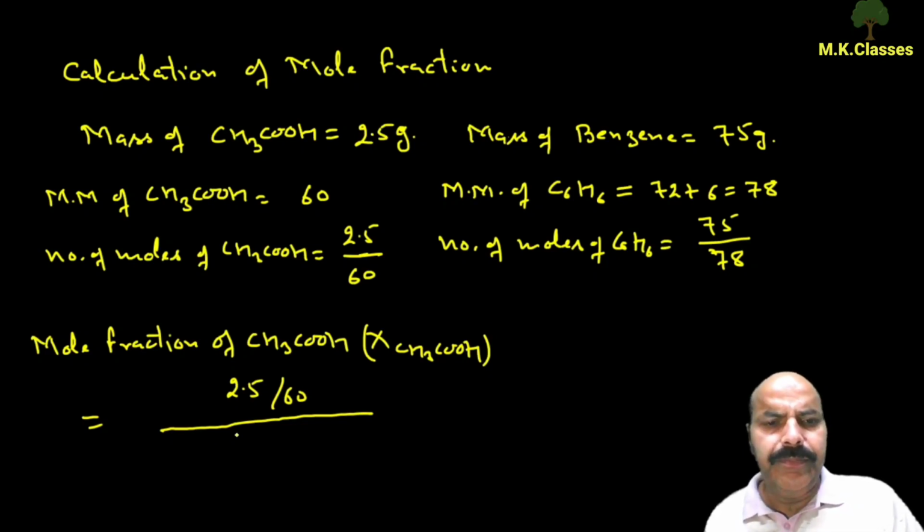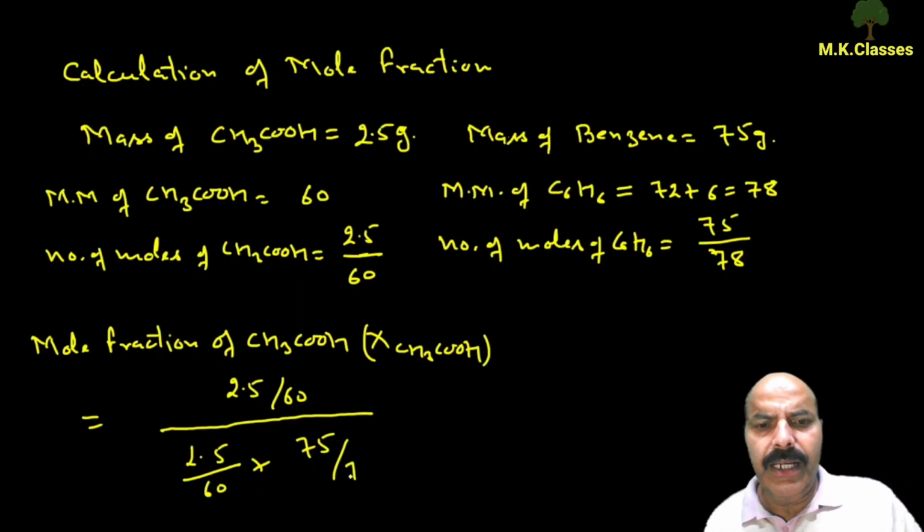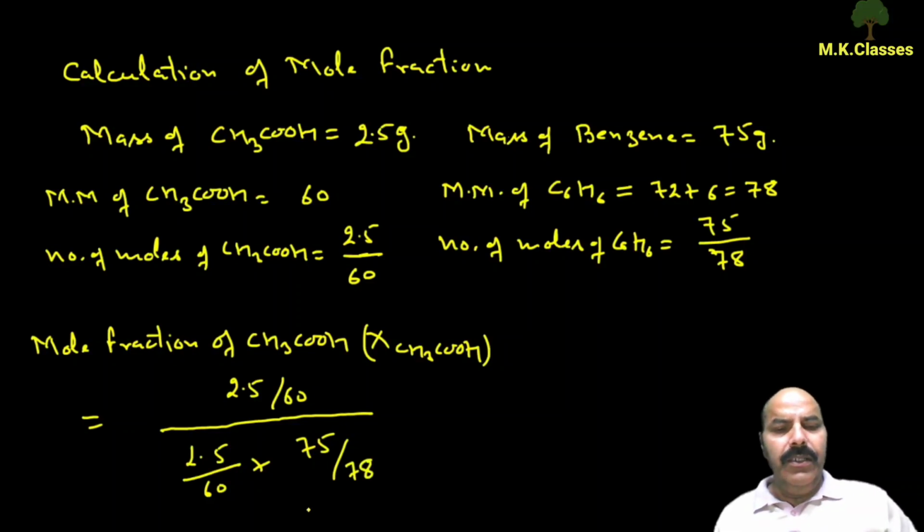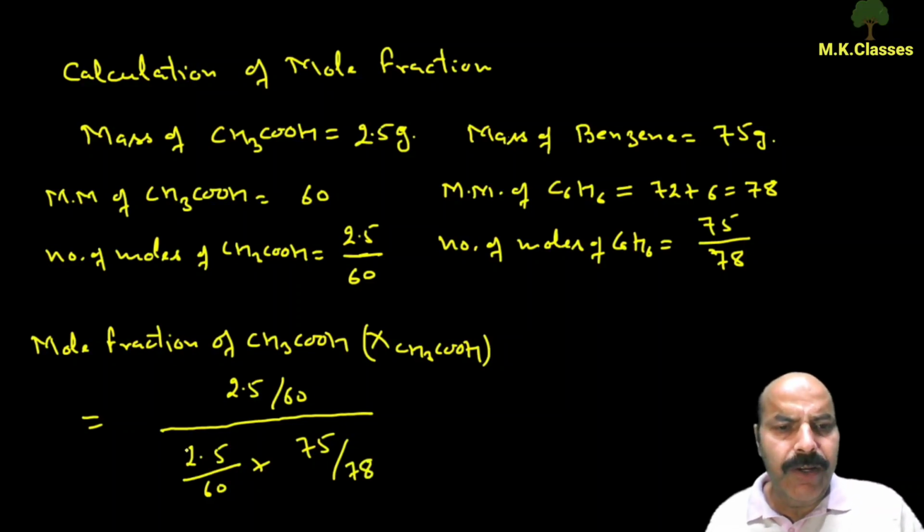So then upon the number of moles of ethanoic acid, that is 2.5 upon 60, plus the number of moles of the benzene, that is 75 upon 78. So beta, this way we can find out the mole fraction of this ethanoic acid.